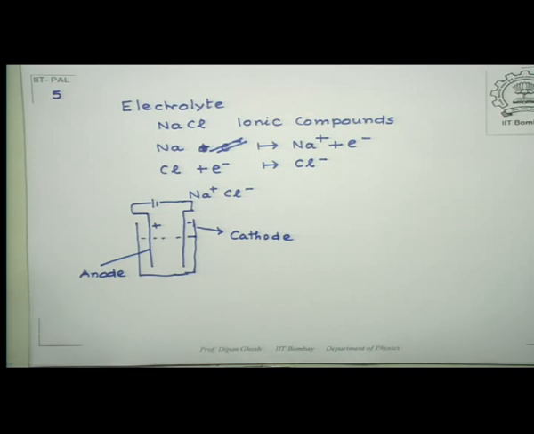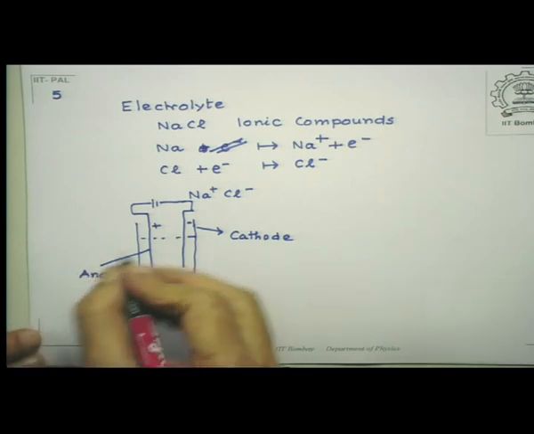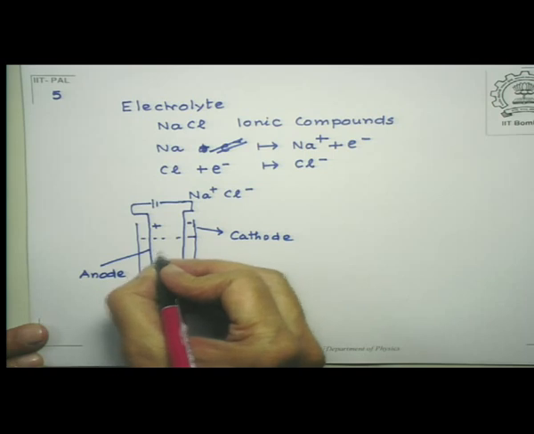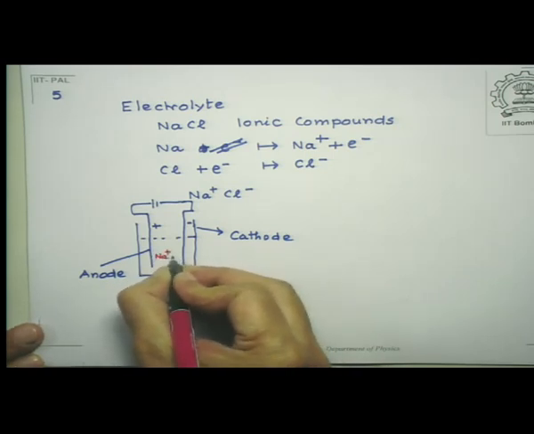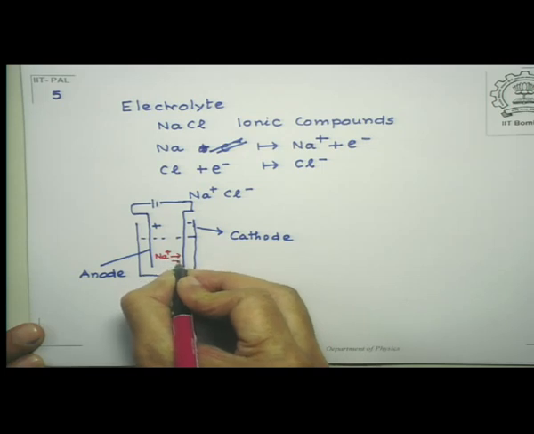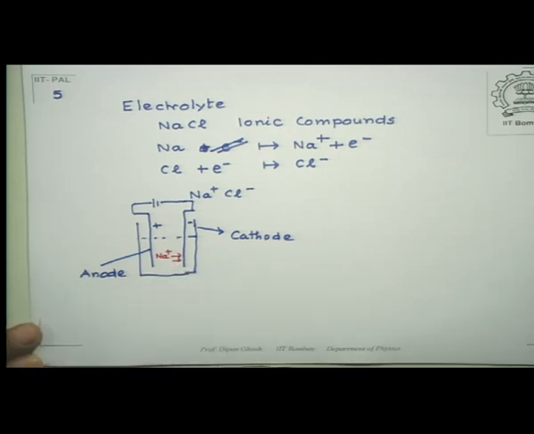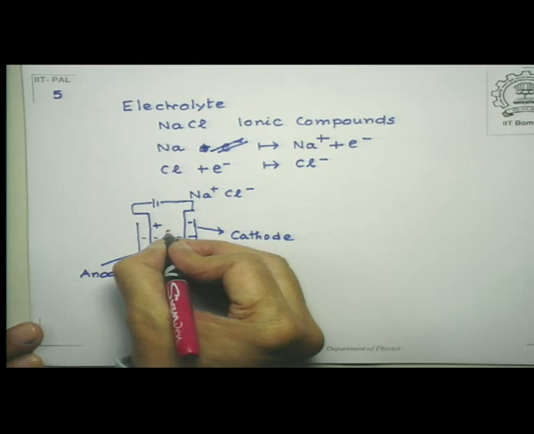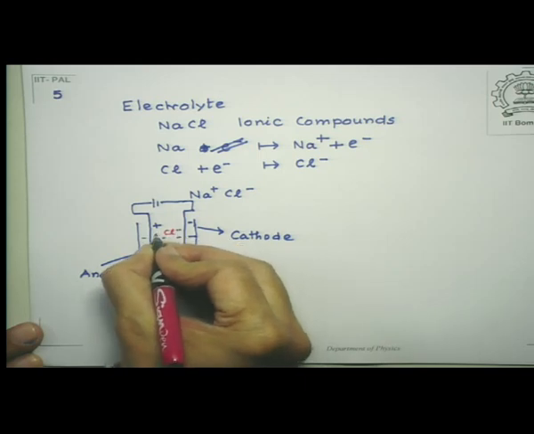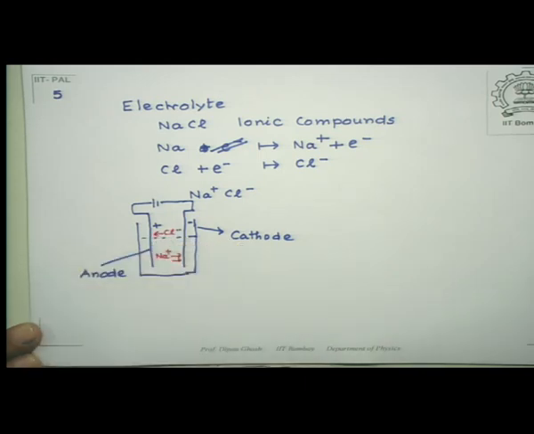Now look at this. Since the cathode is negative, it has the ability of attracting the sodium plus ions. So the sodium plus ions will start moving in this direction. Likewise, the chlorine ions would move in the reverse direction.